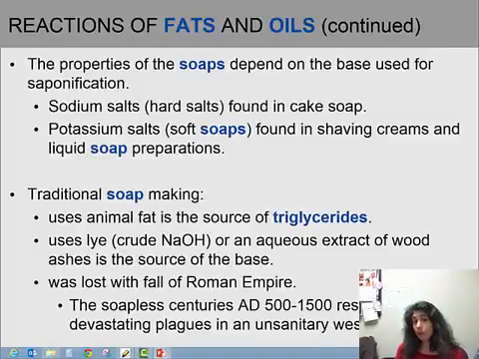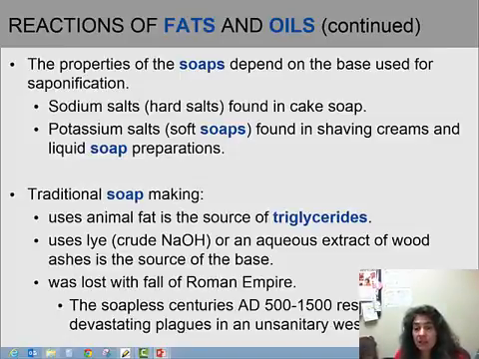So you just burn wood, make your bonfire, take the ash, put it in water, and then the sodium hydroxide will come out of there, and you can mix it with your fat and make your soap. But you'll notice here at the bottom, soap making was lost with the fall of the Roman Empire.